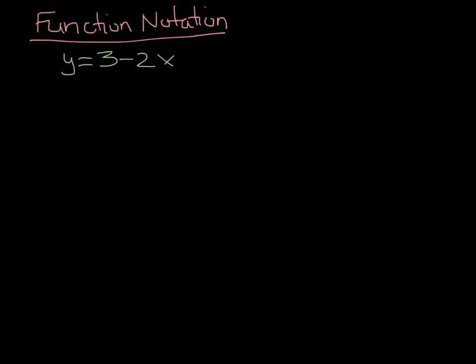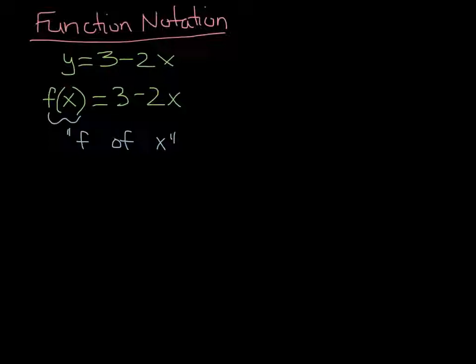You can use g or h or k or any other letter that you like, but usually we use f. And I am going to rewrite this equation just by writing it as f of x equals 3 minus 2x. So now remember, this is pronounced f of x. So f of x is just kind of a fancy way to write y. It means the function evaluated at x.